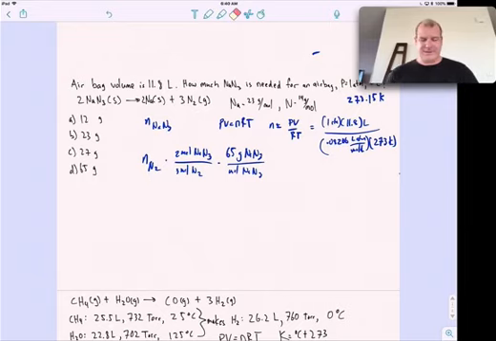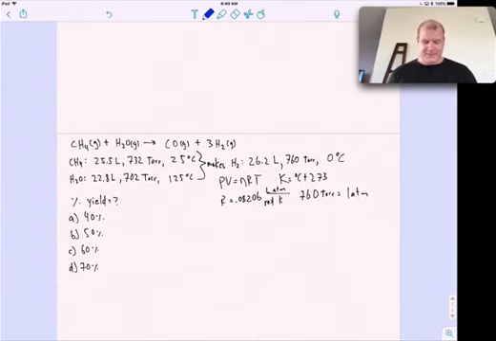So if you want, you can take this number and divide it by 22.4. That's another easy way to do it, but I usually just use the ideal gas law. That's just what I always do. So do that, and you can get the answer for that one.